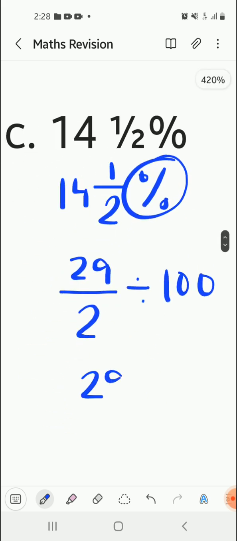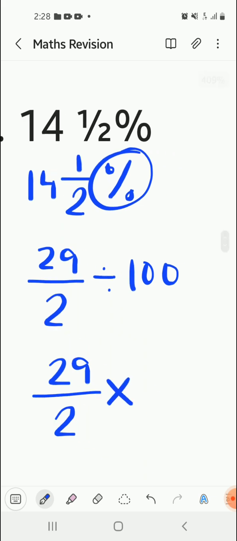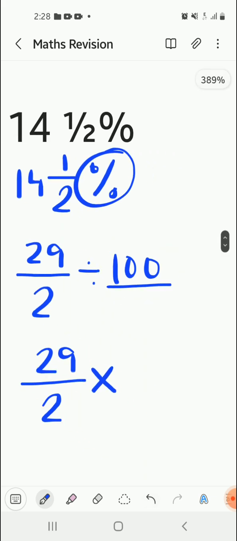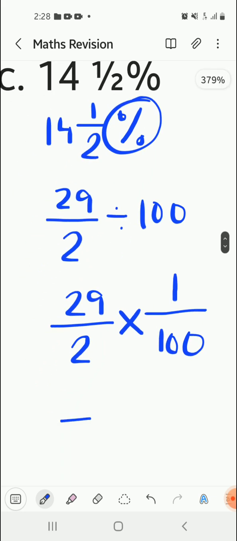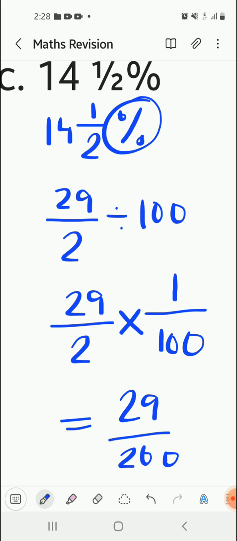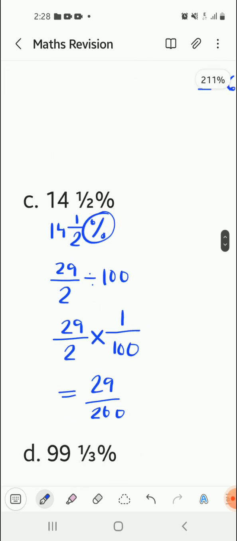So 29 by 2, what is the rule for dividing a number in fraction? Convert this division into multiplication, and this 100 actually means 100 by 1. So we'll use the reciprocal of 100, that is 1 by 100. So the answer is 29 by 200. That's it. No further reduction possible.